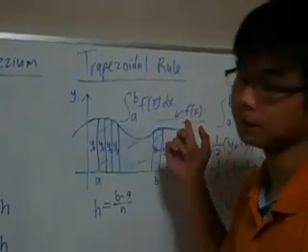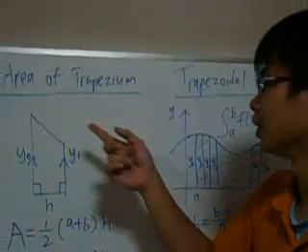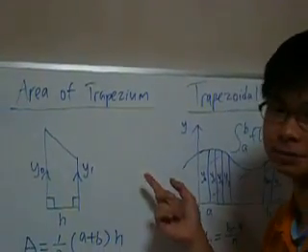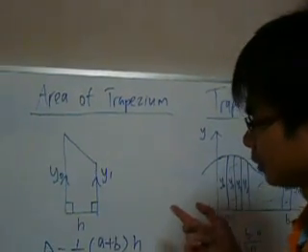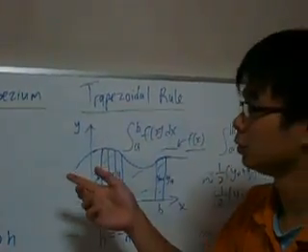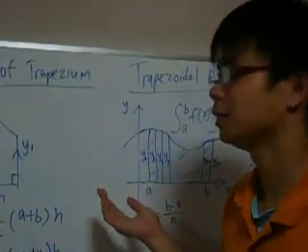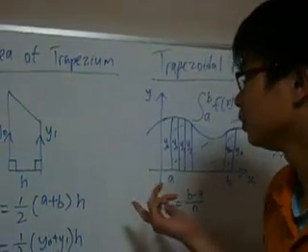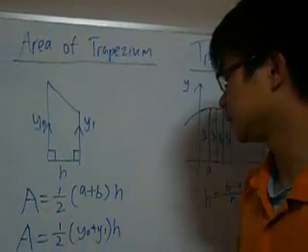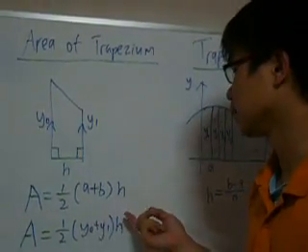But before that, I need to touch on how to find the area of a trapezium, because the trapezoidal rule requires us to use the area of a trapezium. As we have learned in maybe primary school or secondary school, the area of a trapezium is half times the sum of the parallel sides times the height.